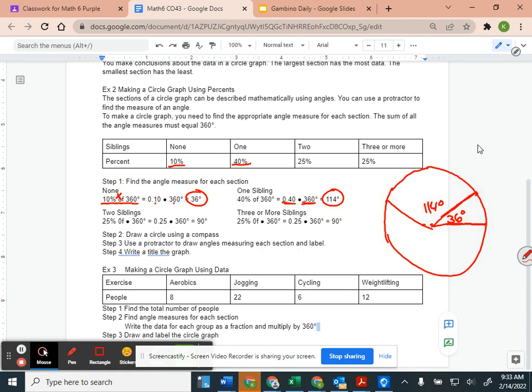And actually, as I'm looking at this, I'm thinking it out. Our next two, if we multiply 0.25 by 360, we get a 90 degree and a 90 degree. So my measuring it out with my protractor, I wasn't very exact with my measurements. Here's how I know this. Because 90 plus 90 is 180.